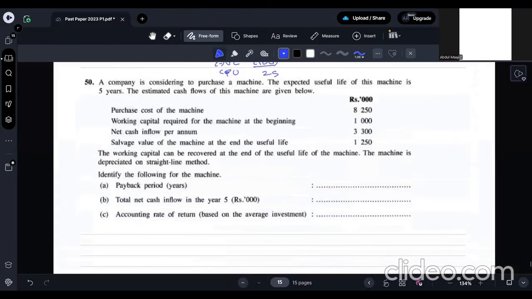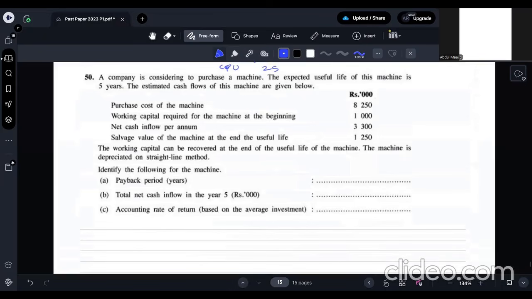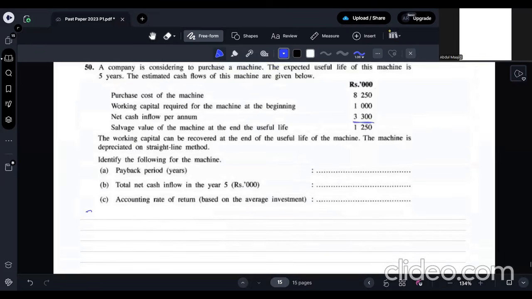Then the 50th one. A company is considering purchasing a machine. The expected useful life of this machine is 5 years. Estimated cash flows of this machine are given below. So payback period. Now here in this question they have given net cash inflow per annum 3,300, right? That means every year you are getting the same amount of net cash flow. Then you can find the payback period easily. Payback period equals initial investment divided by annual cash flow.